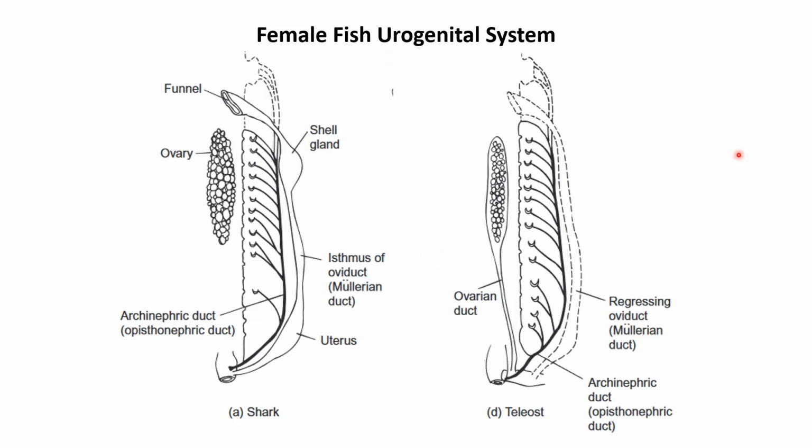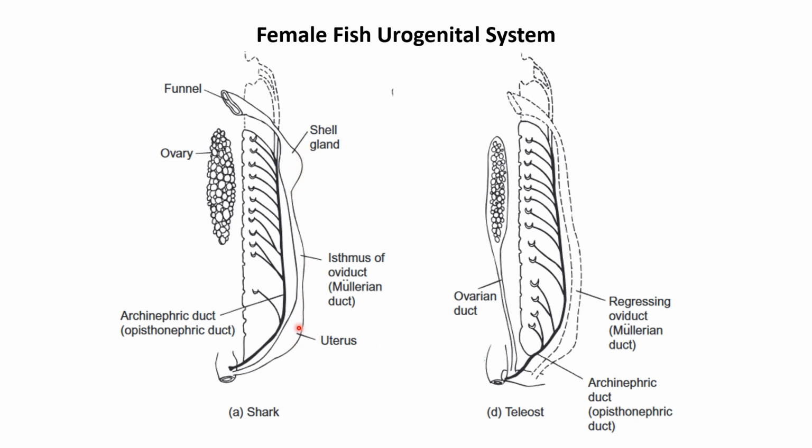Let's compare the primitive features of the shark and the derived features of teleosts once again. The oviduct of the shark also has a funnel portion that catches the ovulated eggs from the ovaries, and a shell gland is present along the way to create the egg sheath.